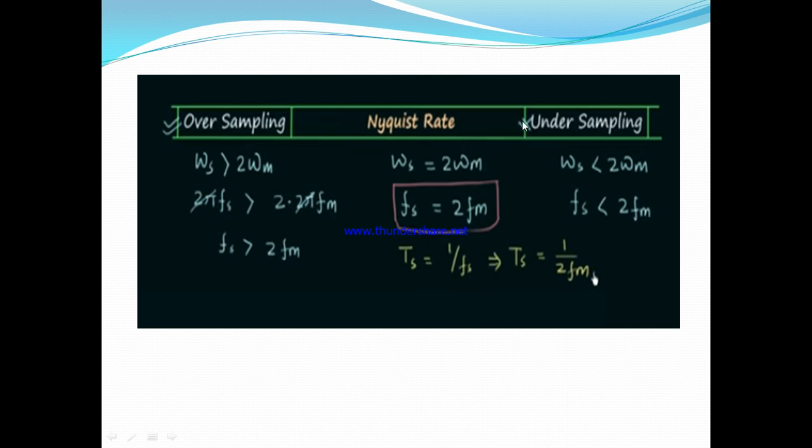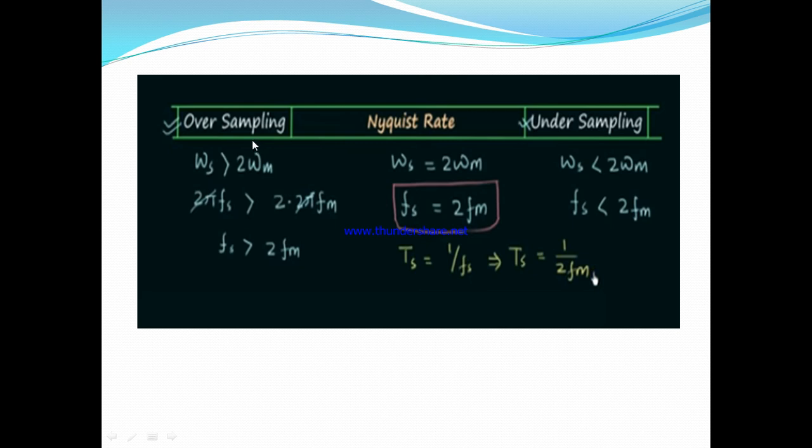For undersampling, omega s, the angular frequency, is less than 2 omega m. So the sampling frequency is less than 2 fm.